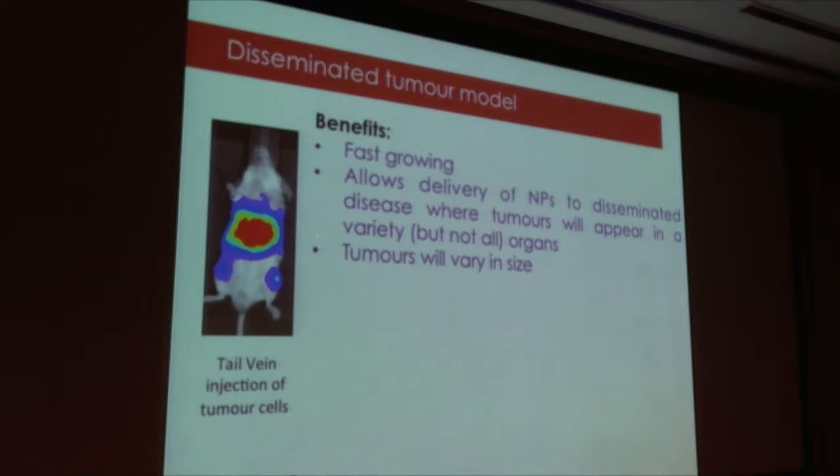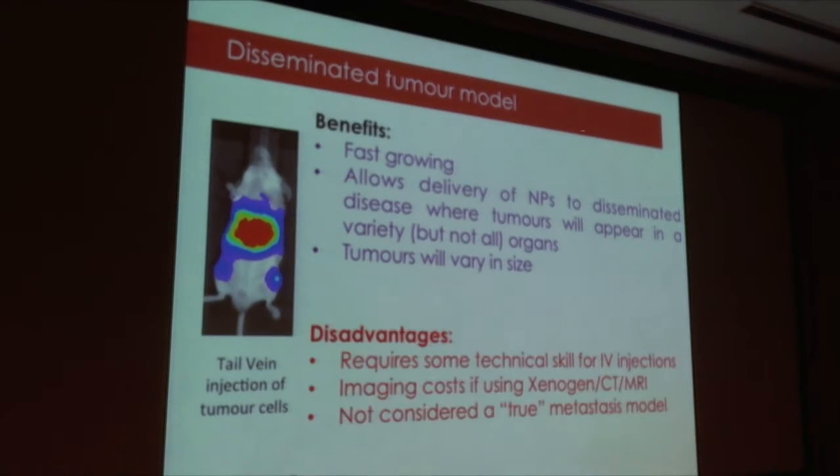We usually use luciferase expressing cells for this model, so we can track roughly where they are. And you find them in a range of organs, and the tumours will vary in size. So again, if you're trying to use particles in delivery to target different sized tumours, it's not a bad, quick model. It's not a true model of metastasis, by the way, but it does give you a sense of disseminated disease.